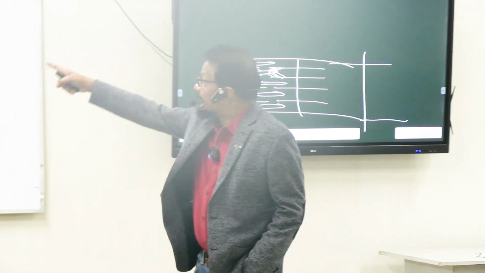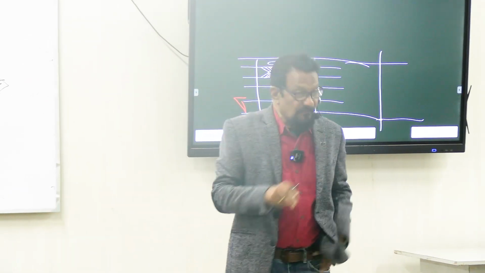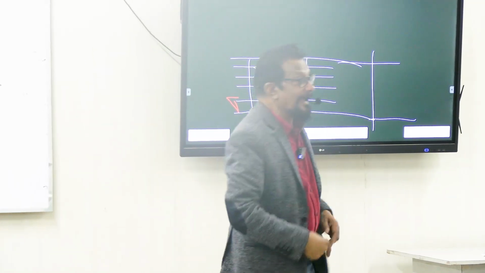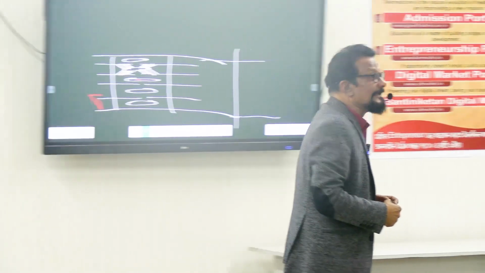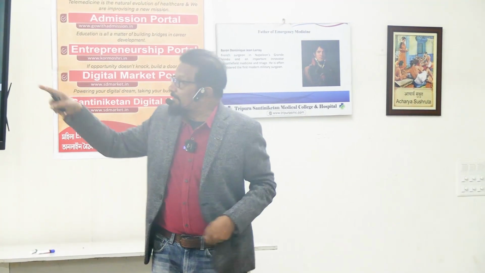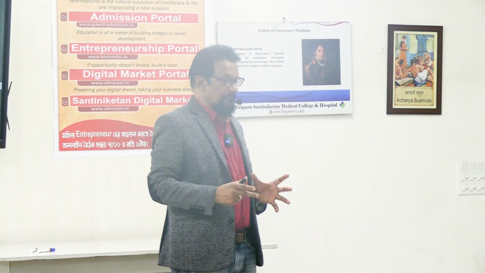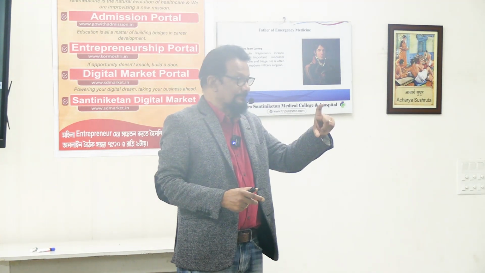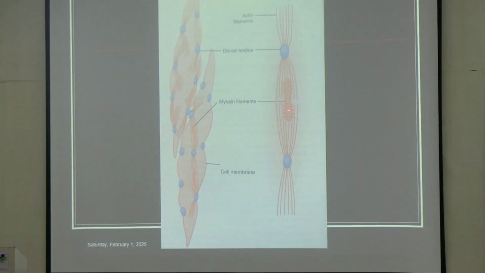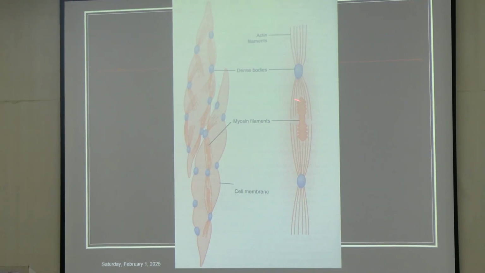From the dense bodies, we can see radiating filaments of actin, thin filament actins, extended towards a thick filament, that is the myosin. At the center you can see the myosin, with projections from the myosin heads.